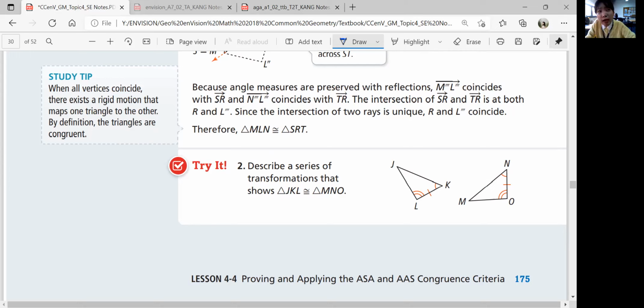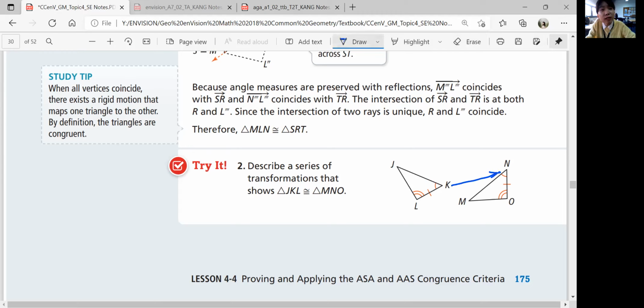So how can JKL be mapped to triangle MNO? Start with a translation and then a rotation, and if reflection is necessary, reflection. So let's try to translate JKL to map point K to N.